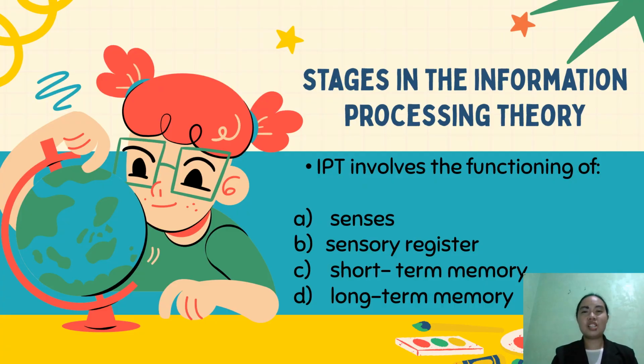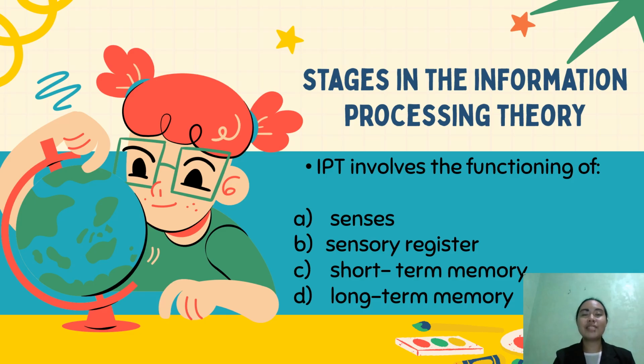Next are the stages in the information processing theory. So IPT involves the functioning of the senses, sensory register, short-term memory, and long-term memory. Senses are the starting point of information processing.